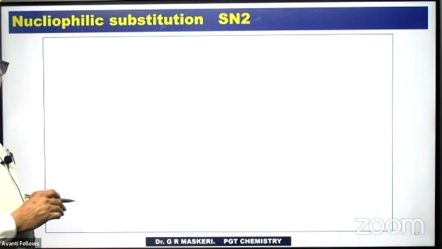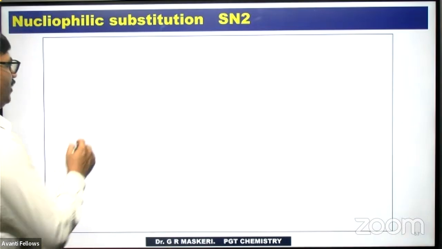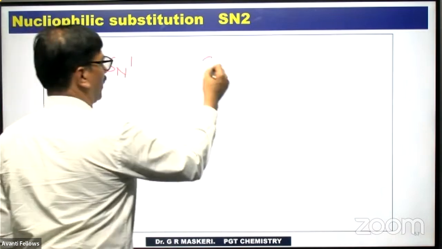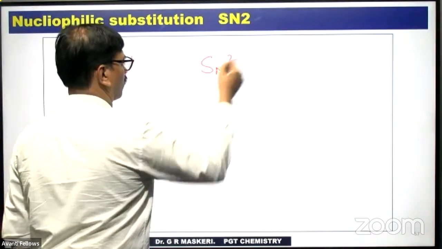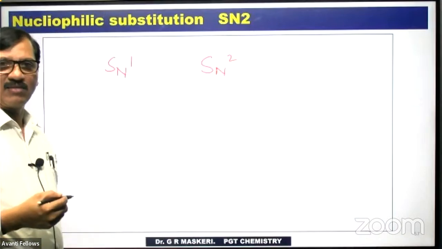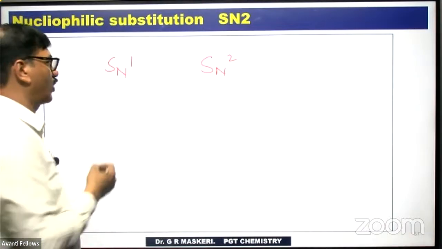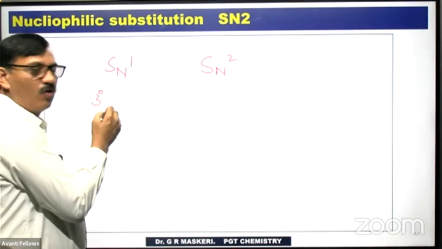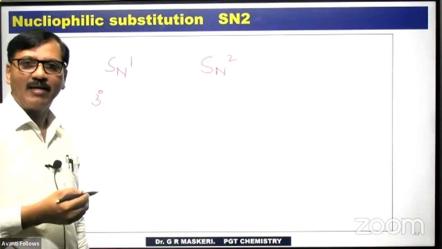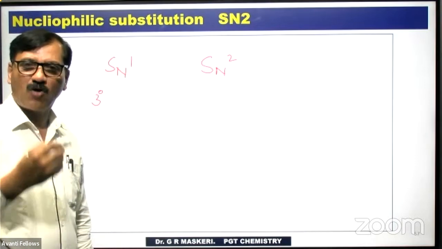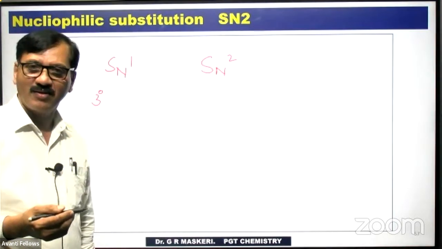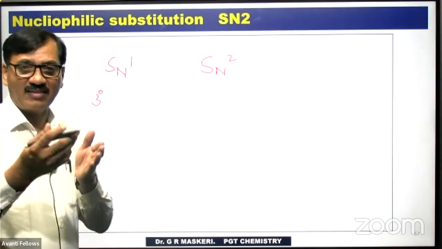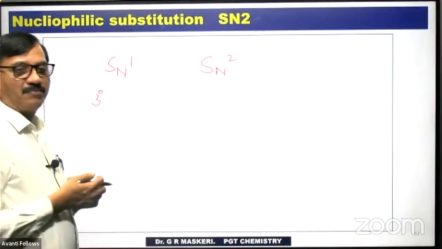Now remember one important thing: the SN1 path and the SN2 path, two are there. A very, very important thing you have to remember is that tertiary halides undergo the SN1 path readily because formation of carbocation is in the intermediate step of the mechanism.